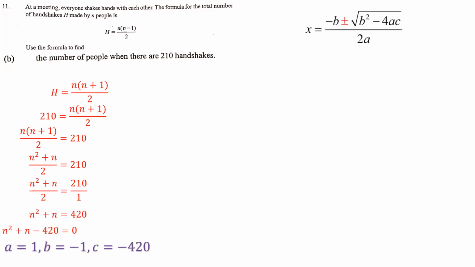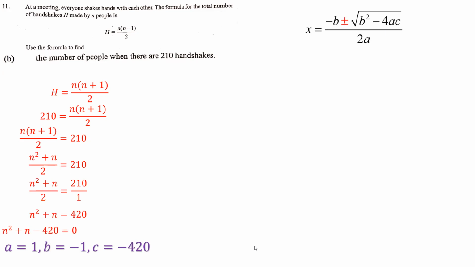Again, we have that A is 1, B is negative 1, and C is, this is not supposed to be positive, it's supposed to be negative. So let's fix that. We need to change all of them to negatives.